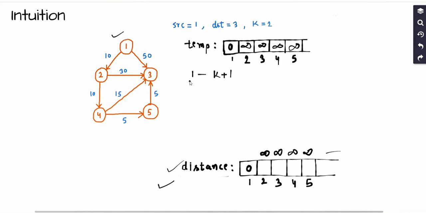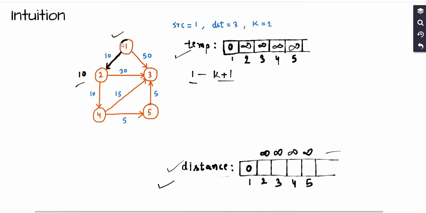Okay, so I iterate from 1 to k plus 1 and I copy my distance array into this temp array. At the very first iteration, I want to find the shortest path which has exactly 1 edge starting from the source city. So I iterate over such edges. First I iterate over this edge connecting city 1 and 2. The cost to move to city number 2 would be 0 plus 10, that is 10.